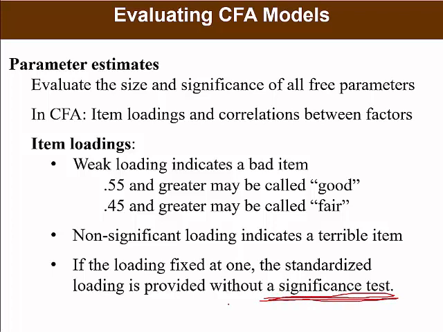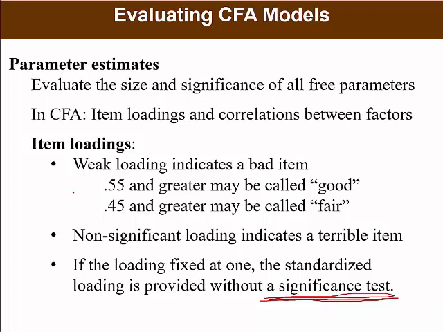I can get the standardized loading, the loading if everything was turned to z-scores, no matter which item was the scaling item. Those results come out the same regardless. But I'll get a significance test for all my loadings except for the item that I constrain to be my scaling item.